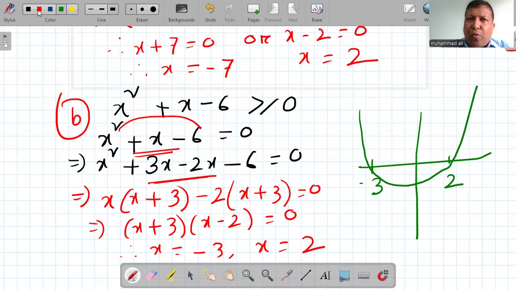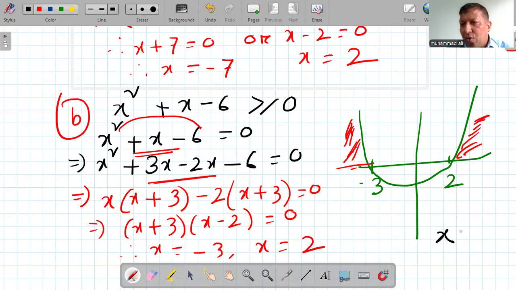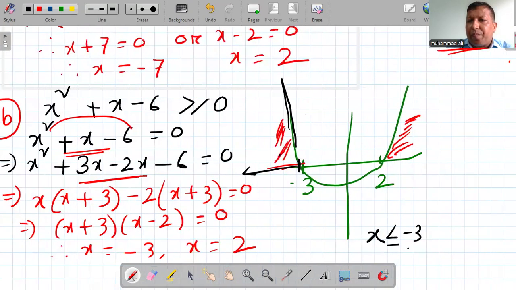What do we want? We want where the curve is positive. That means this part is positive, and that part is positive. That means we can write when x value is less than or equal to minus 3. When the x value goes from here to the left side, it means less than or equal to minus 3. Here the curve is positive. Or x greater than or equal to 2.